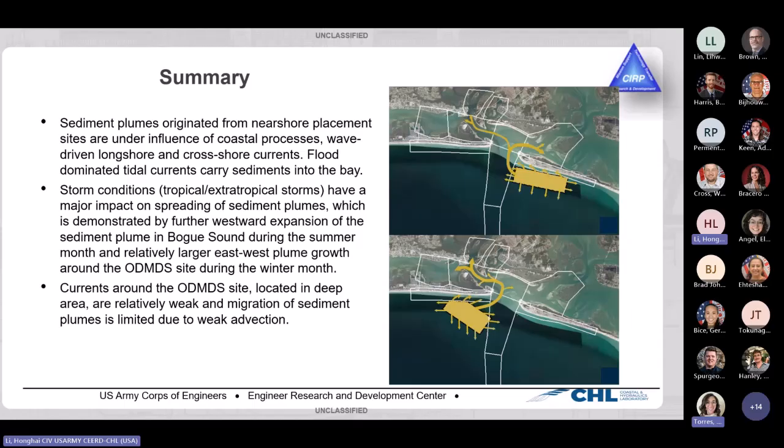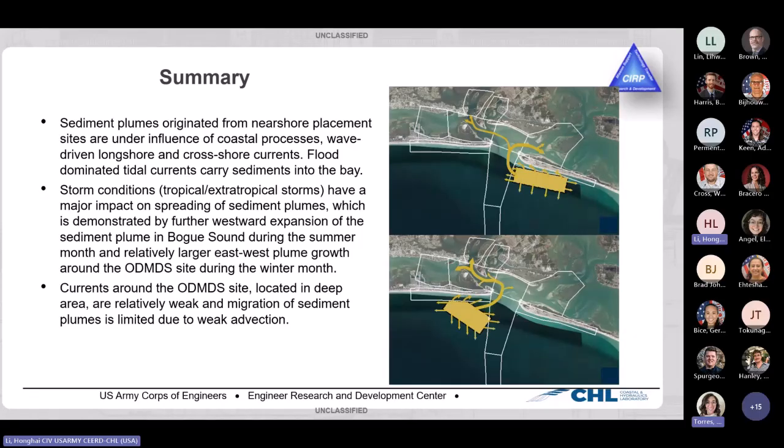So we see through this study that the nearshore site is under the influence of coastal processes, due to wave-driven longshore cross-shore transport, and the material moving into the bay is mostly by tidal advection. Storm conditions, tropical storms and extratropical storms, have a major impact on the sediment plume.